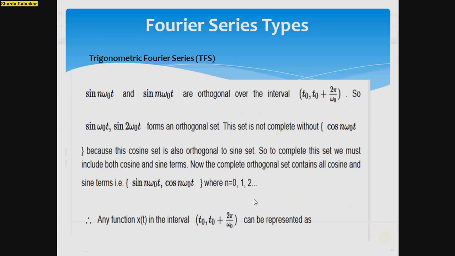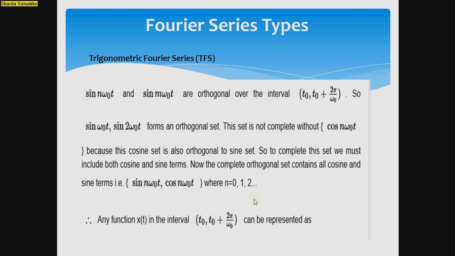So sin omega 0 t and sin 2 omega 0 t form an orthogonal set. This orthogonality point will be explained in my next presentation.